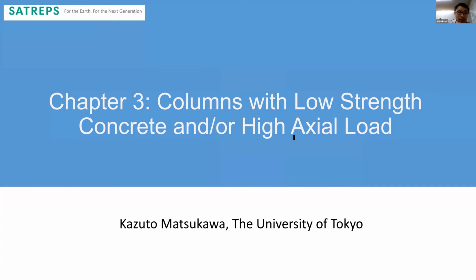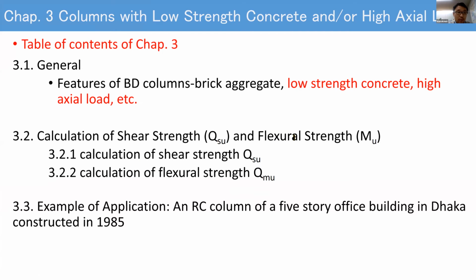I'd like to explain about Chapter 3, columns with low strength concrete and/or high axial load. First of all, Chapter 3 contains 3 sections. 3.1 is general.